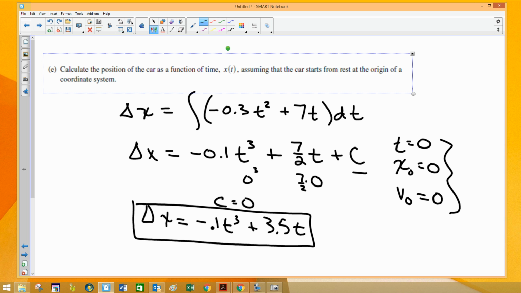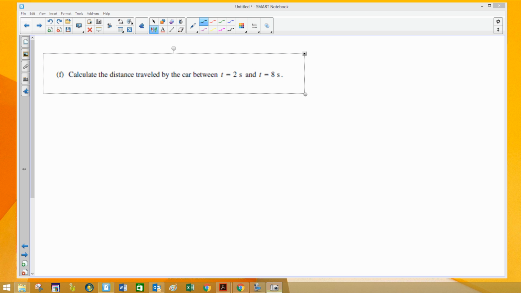Part F, calculate the distance. So if you wanted to, you could use that formula that we just did.